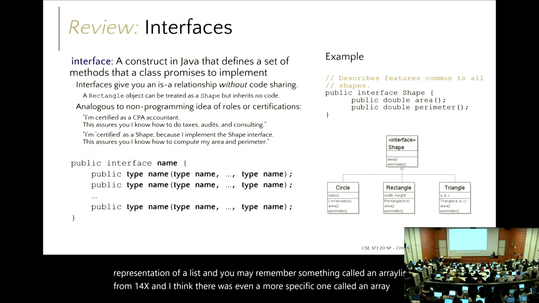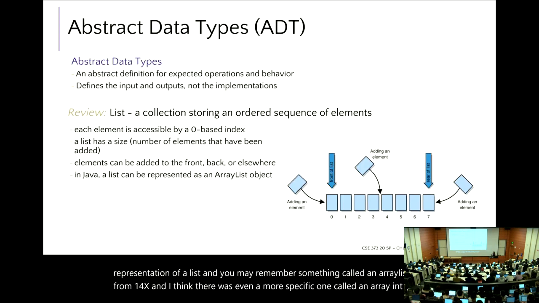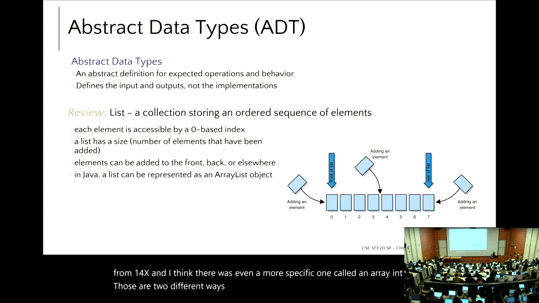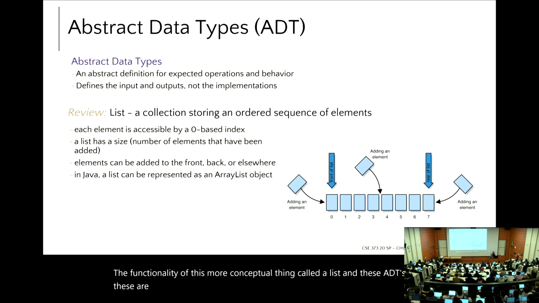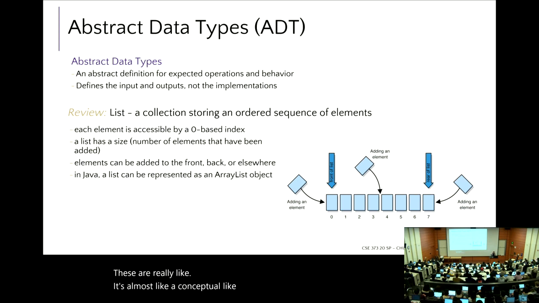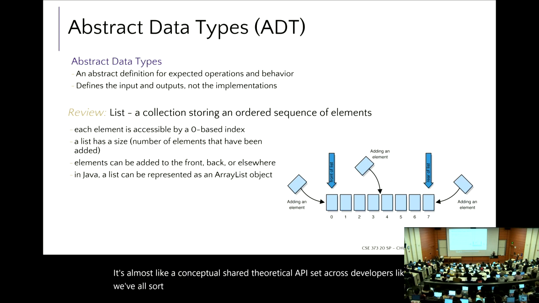Those are two different ways to implement the functionality of this more conceptual thing called a list. And these ADTs are almost like a conceptual, shared theoretical API set across developers. We've all sort of decided as developers what this idea of a list is and how it's supposed to function.